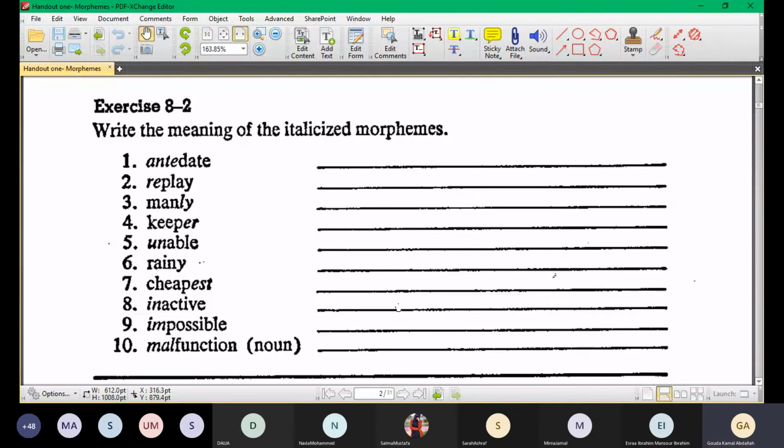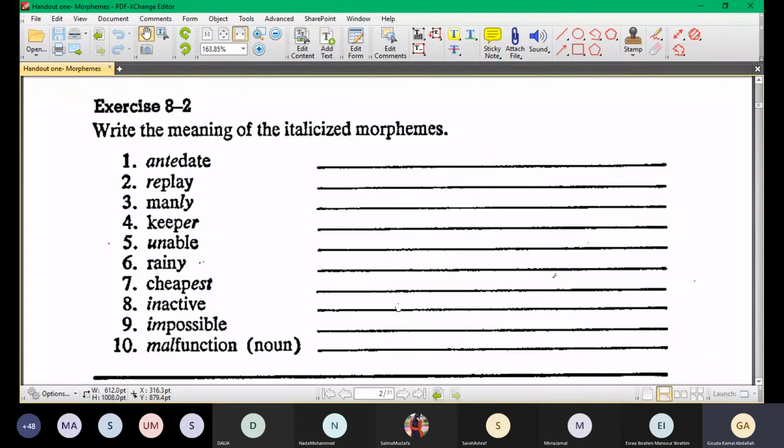So keeper, the one who keeps. Teacher, the one who teaches. Actor, the one who acts. Singer, the one who sings. So er, it means doer, D-O-E-R, doer of something, or the agent of something, or as you said, the subject of something, or the performer of such an action.